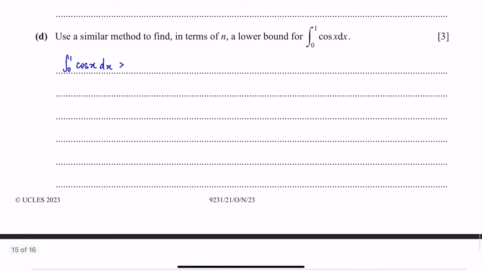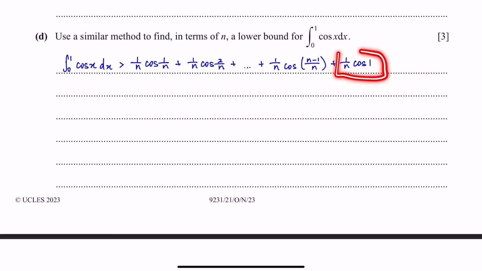So we can write this that the integral is more than, same thing, the width is 1 over n, and the height for the first rectangle would now be cos 1 over n, plus 1 over n times cos 2 over n, so on and so forth. And we would have the second last rectangle as 1 over n times cos (n minus 1) over n, plus 1 over n times cos 1. Now this would be the area of the last rectangle.